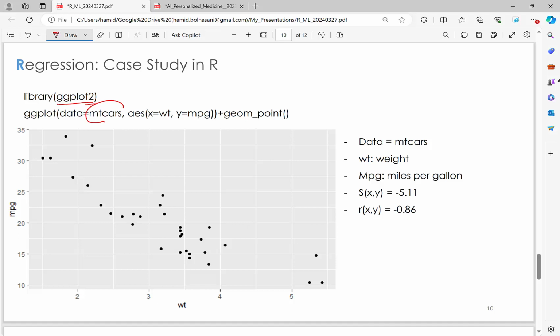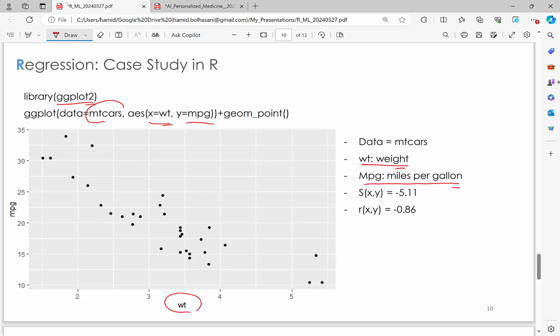I remember here we say that the X value wt is the weight of the car, and Y is miles per gallon.